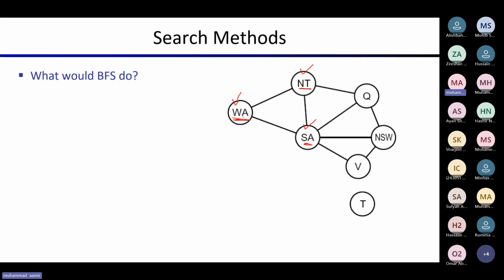The second question is, because for the first variable the options available are red, green, and blue, and if red has been assigned, we have green and blue. The same way, we have two options to select from these two choices. So these two things are important. The first one is which state, which territory, which variable we need to assign next after the first variable assignment.